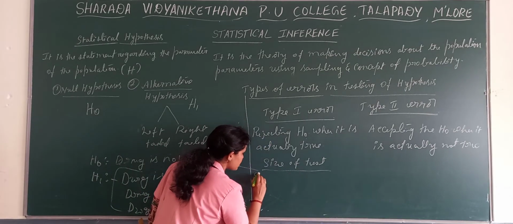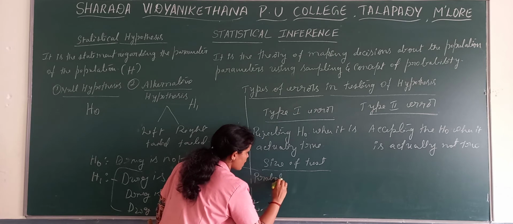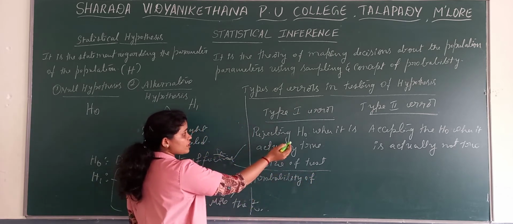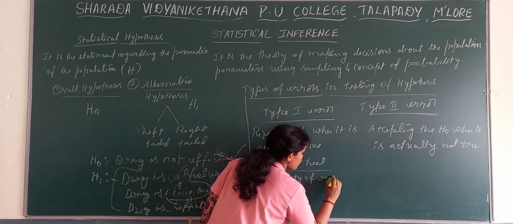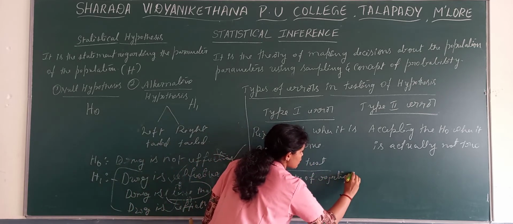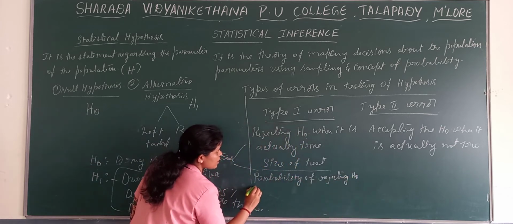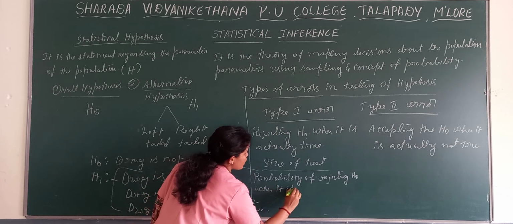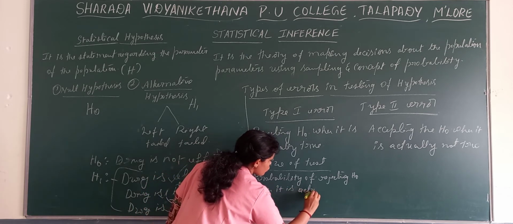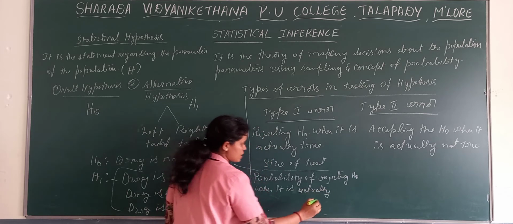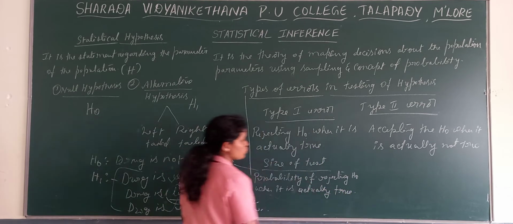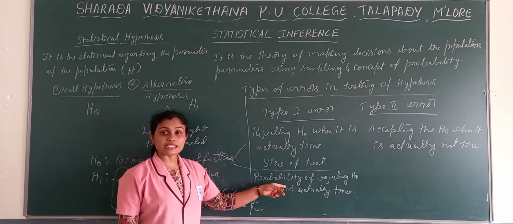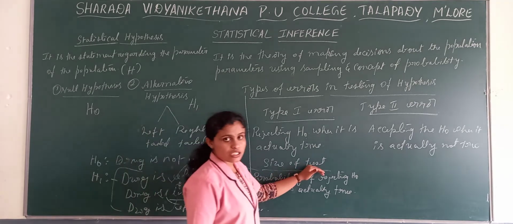It is the probability of rejecting the null hypothesis when it is actually true, and that we call the size of the test.